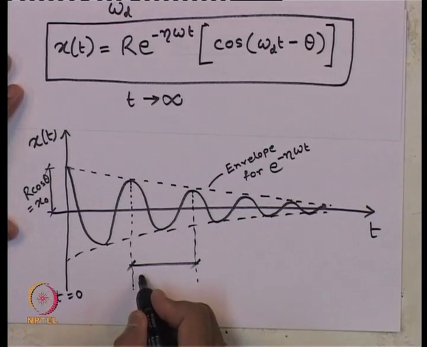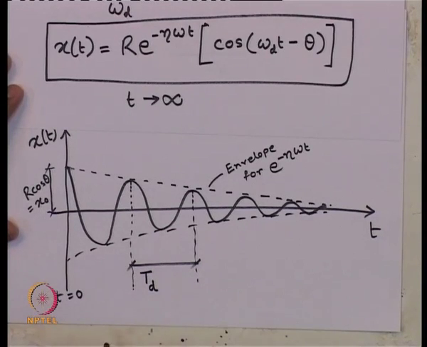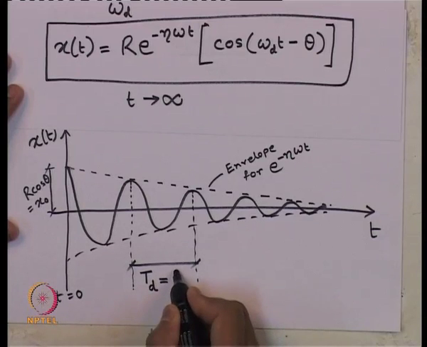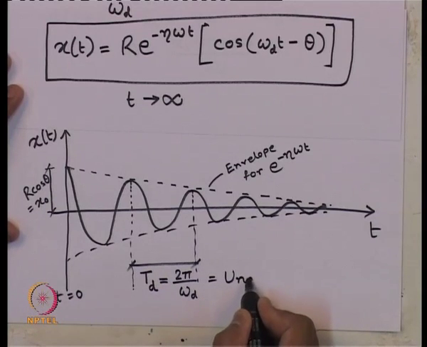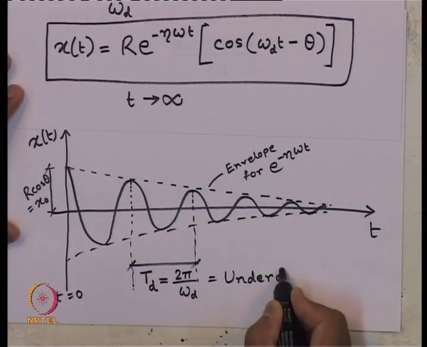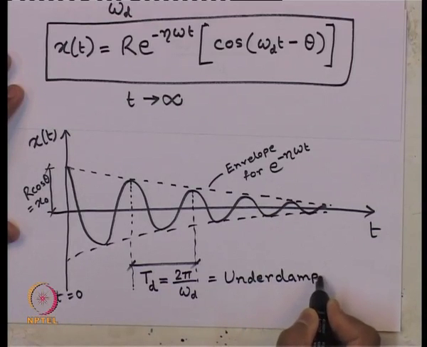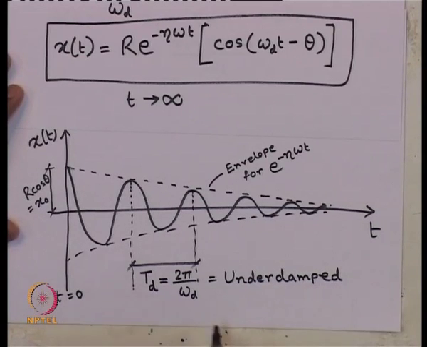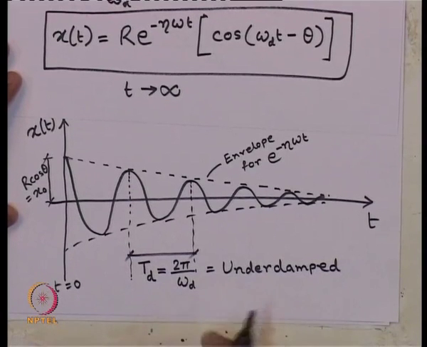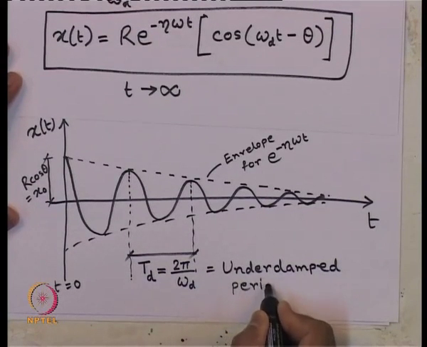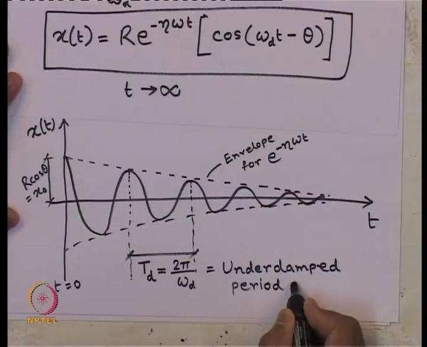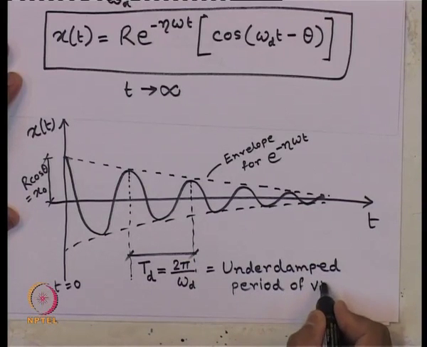This is T d. T d is nothing but 2 pi by omega d, which is called the underdamped period of vibration.